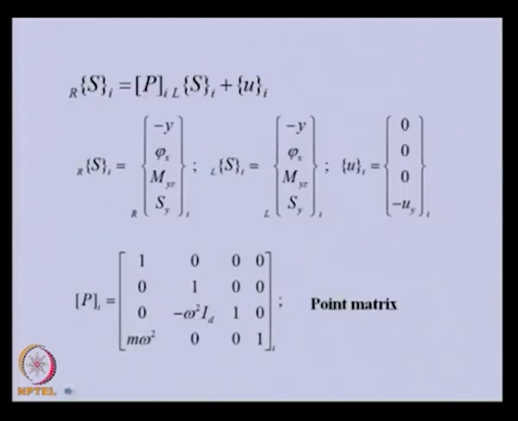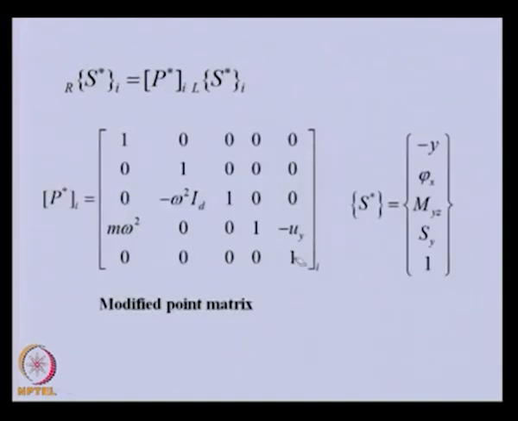Now, to accommodate this external force inside the point matrix, we need to modify the point matrix by adding identity, as we did earlier. If we add identity, we can include this external unbalanced force inside the point matrix, which we will call the modified point matrix.